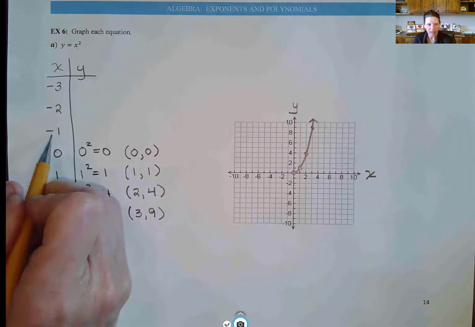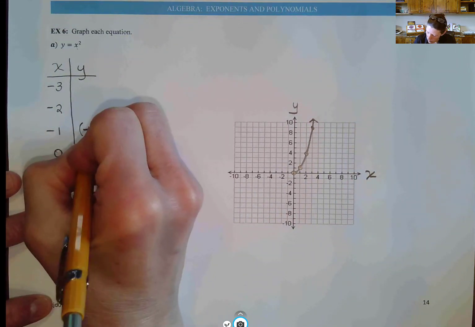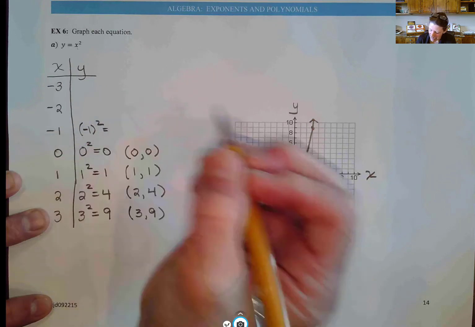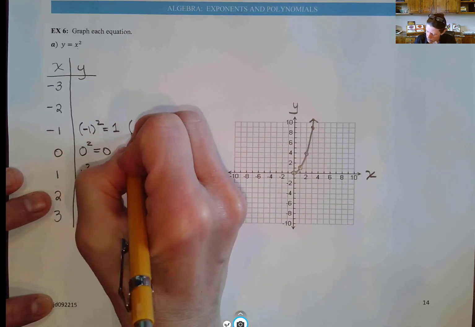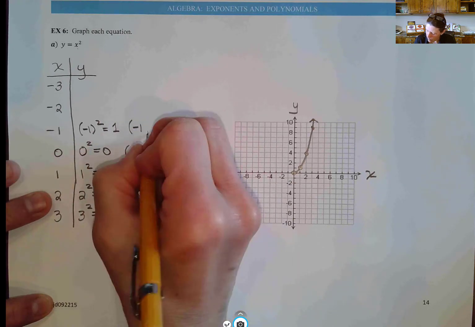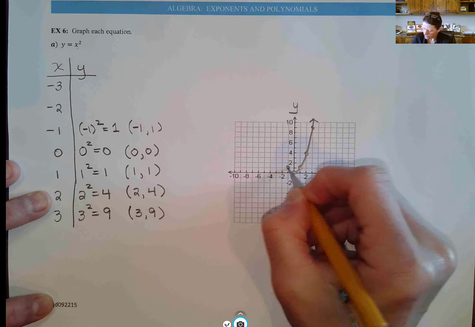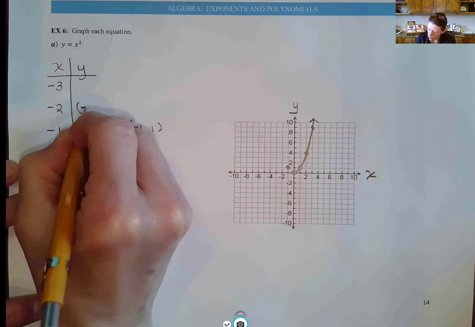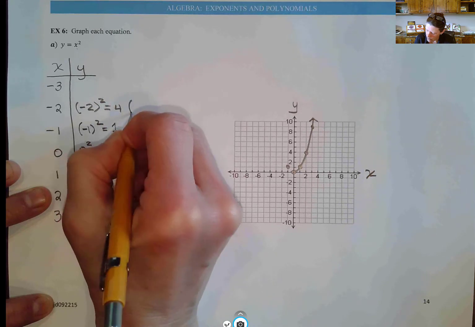Let's choose some negative values like -1. Well, -1 squared, okay, that's -1 times -1, or +1, isn't it? So we've generated the point -1, 1. If x is -2, y is -2 quantity squared, or 4.